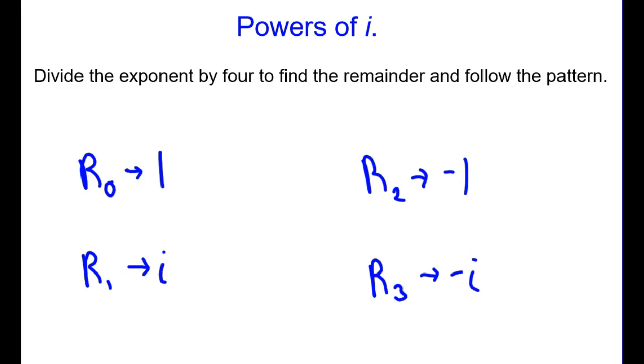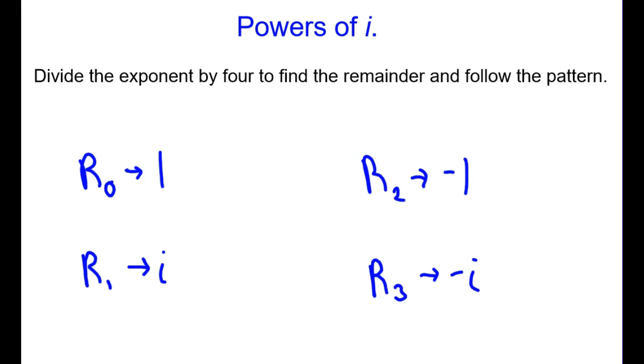So if we have i raised to some exponent power, what we're going to do is divide the exponent by 4 to find the remainder, because powers of i follow some pattern. They're always going to simplify down to either 1, i, negative 1, or negative i.